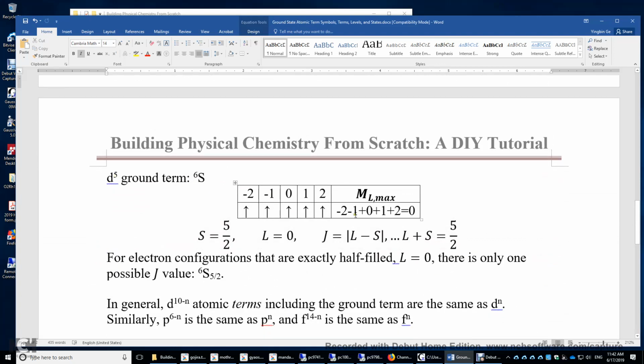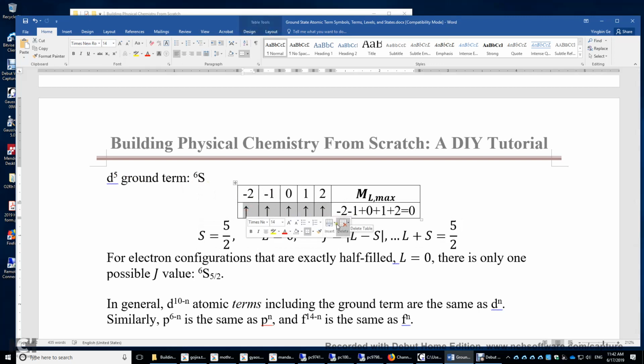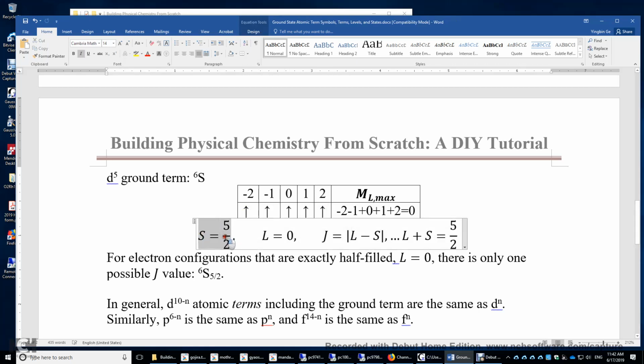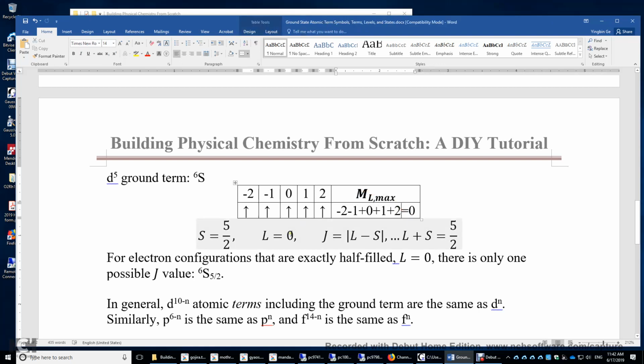So the d5 ground term. Now to maximize the sum of the m sub s value, we have 5 alpha electrons, and then S can be 5/2 only. L must be 0 here because, again, you sum up these 5 numbers, you have the maximum value for the sum of m sub L, which is 0, and then L can only be 0.